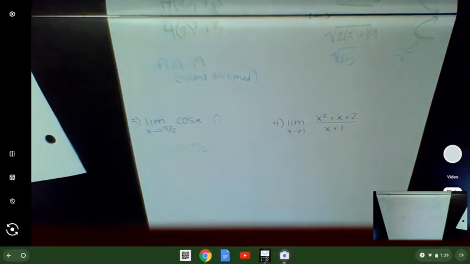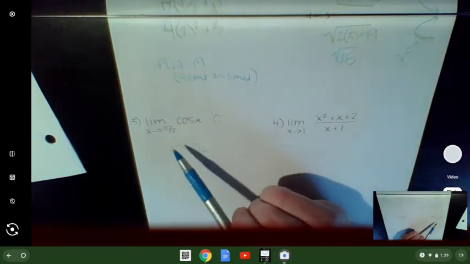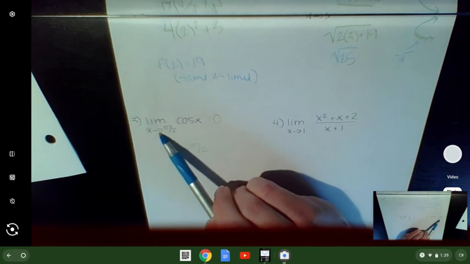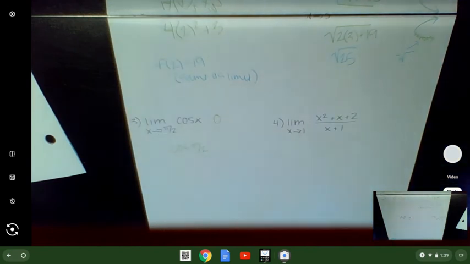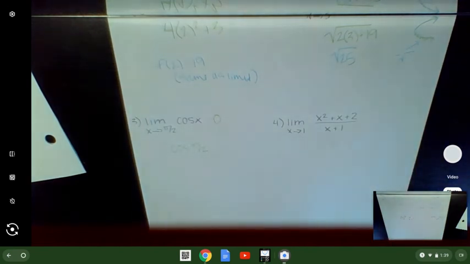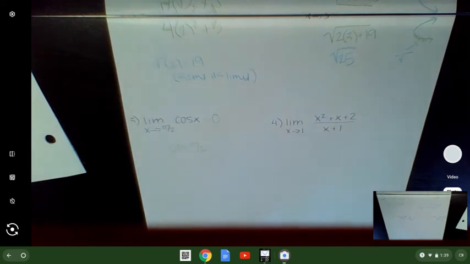That happens to be 0. So the limit of cosine of x as we approach pi over 2 is 0. Direct substitution should always, always, always be your first approach for finding a limit analytically. I'm going to let you give number 4 a try, and then we will move on to the next case.